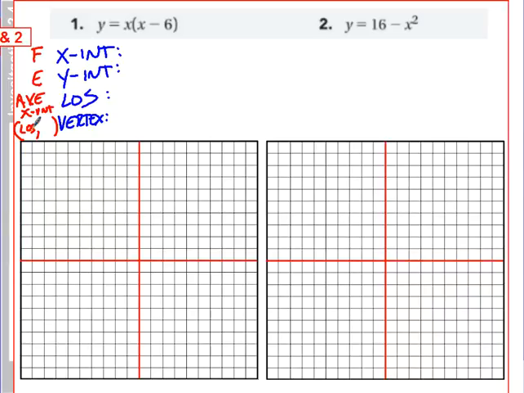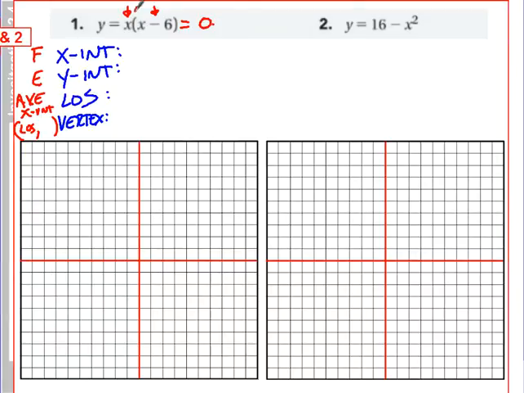So in number 1, we have a factored form expression, and in a factored form expression, we will be finding the x-intercepts. Now, on the x-axis, you'll notice that the y value is in fact 0, which means this expression has to equal 0. Well, if I'm multiplying two numbers together and I'm getting 0, that means that one of the two numbers must be 0.